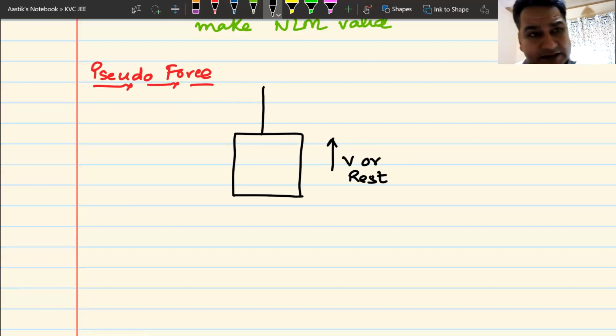Remember, in physics, something moving with a uniform velocity or at rest, they all mean the same thing. So this lift could be at rest or moving with a uniform velocity.